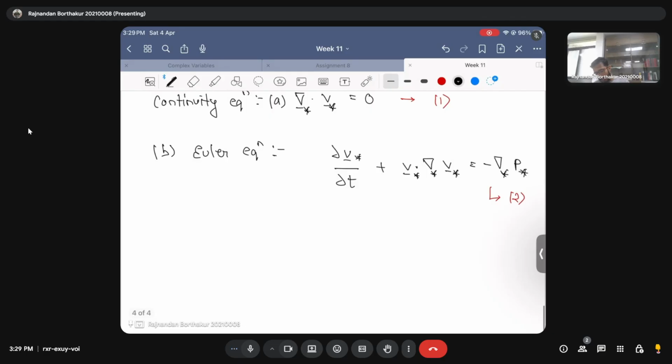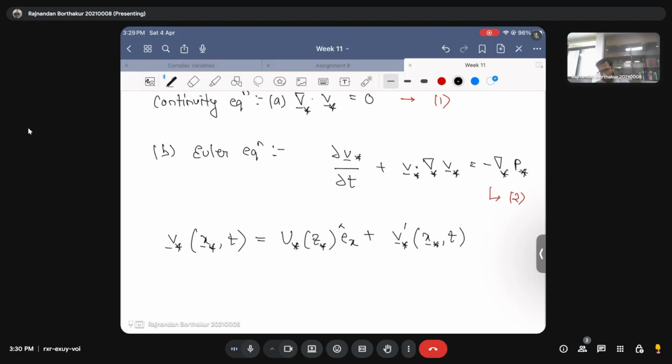Then let us be clear about the fact that this small v star consists of the base profile. This small v star is a function of space in general, and it is also a function of time. The total variable can be written as the base variable, which is u star of z star ex, plus the perturbations, which is v star prime of x star comma t.